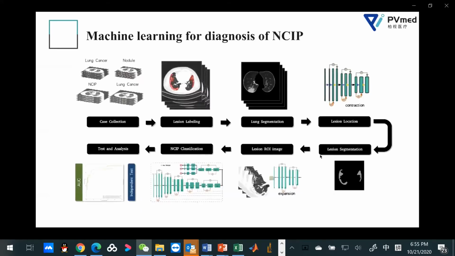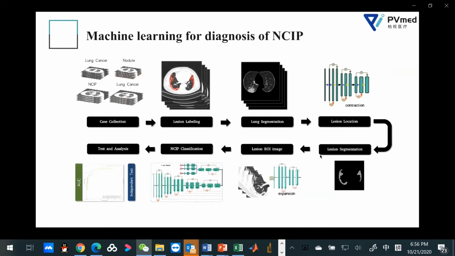For each input CT volume, we first segmented the lung area using our previously developed multi-scale lung segmentation method based on deep CNN. The purpose of this process was to limit the lesion detection to a subregion to reduce the computation time as well as avoid false positives.